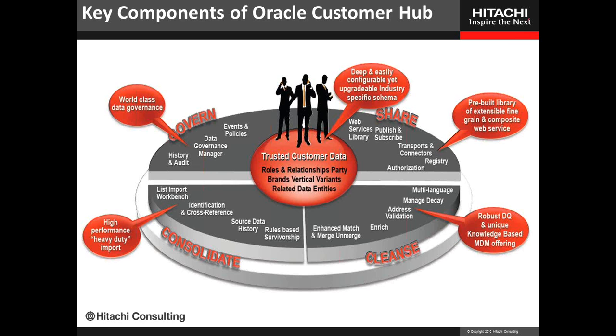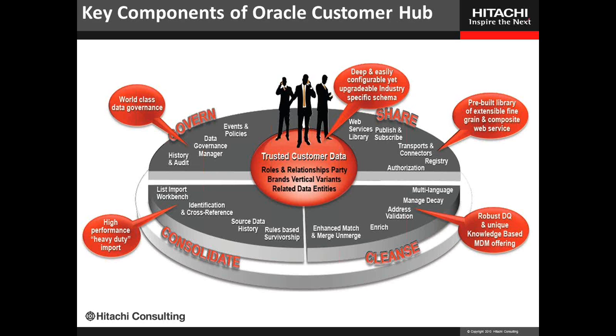And the rule-based survivorship rule, this is very important. You have to say which system carries the maximum weightage for your data. Take for example, you have an ERP system which is sending the customer information, also a CRM system. Now you would say the CRM system carries 80% of the weightage when it comes to the customer, and the ERP system carries 40%.